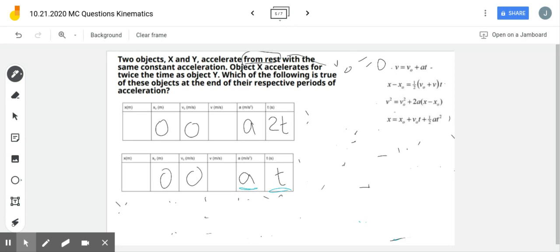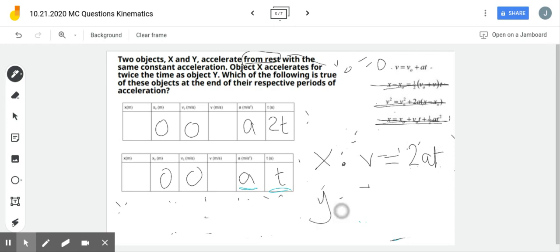So anything that has final position x, I'm going to cross out. That leaves, actually that last one doesn't have x. And we want to find v, so we need to have v in it. This last one does not have v. So I'm going to use v equals v naught plus at. So for x, v equals v naught is 0, and then a times t is 2at.